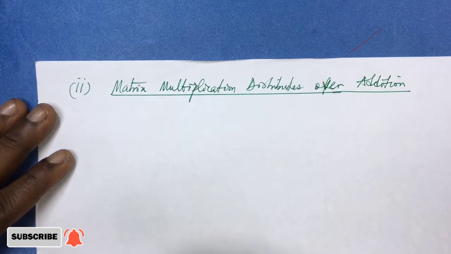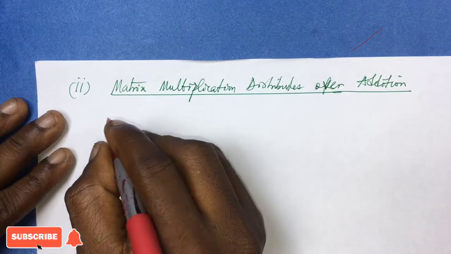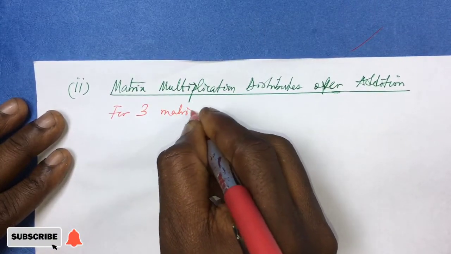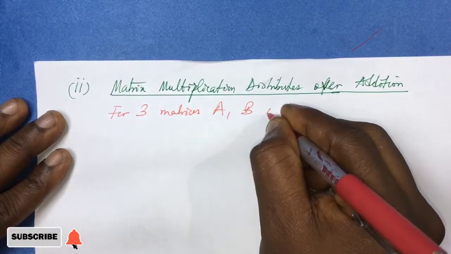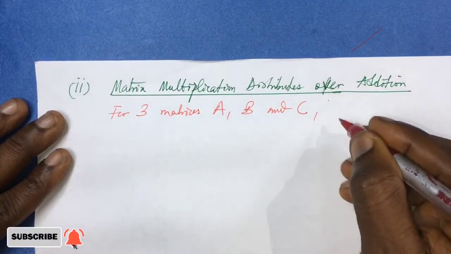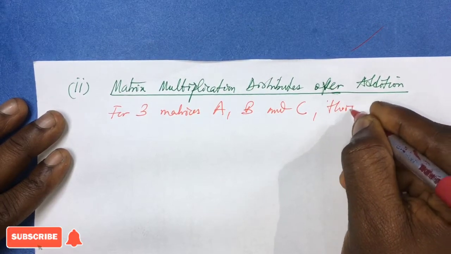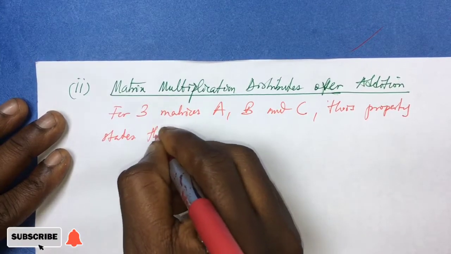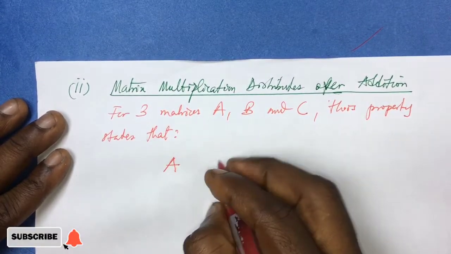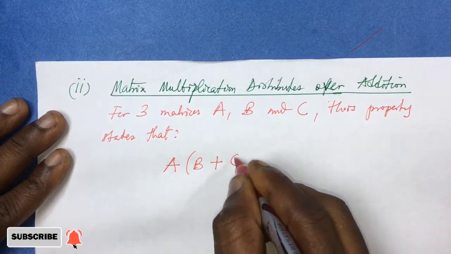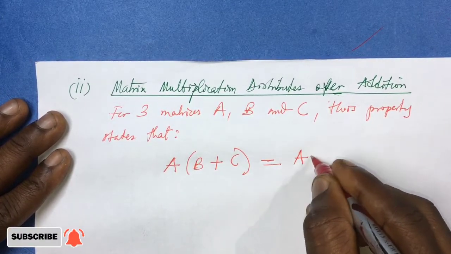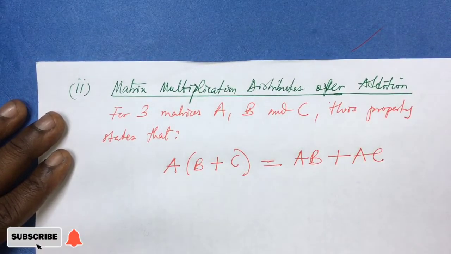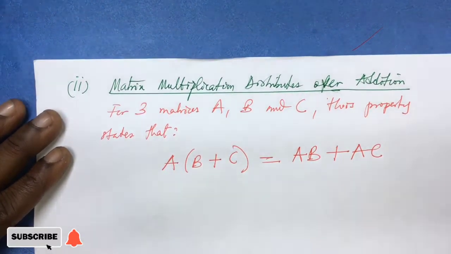Okay, so let's see, what does this property say? For three matrices A, B, and C, this property states that A in bracket B plus C is equal to A times B plus A times C. Now, this property is called the distributive property.